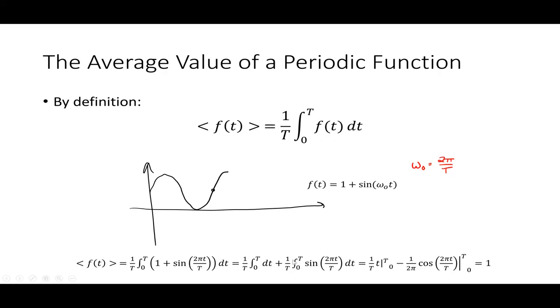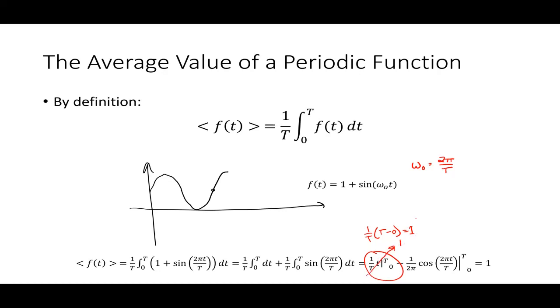Then I have plus 1 over T times the integral of sine of 2 pi over T times little t. The first integral is pretty easy. The integral of dt is t, integrated from 0 to T. That is 1 over T times T minus 0, or 1. So this term becomes 1.